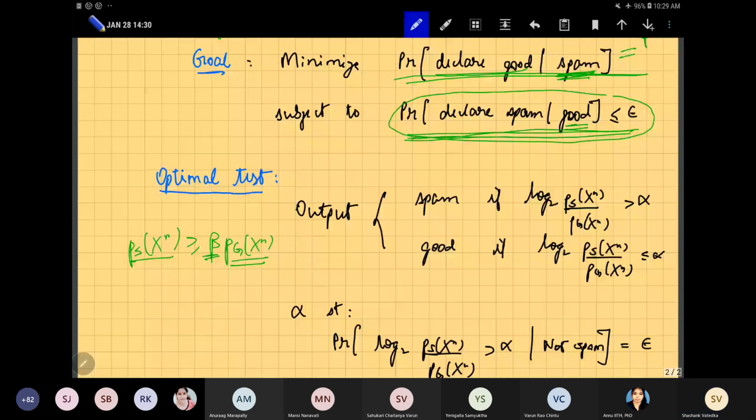The more you can tolerate the second type of error, the smaller you can make the first type of error. So since you only have a bound of epsilon on the second type of error, it is in fact easier if you just take the second error to be equal to epsilon. And if you want to make this smaller, then this probability turns out to be a little larger.